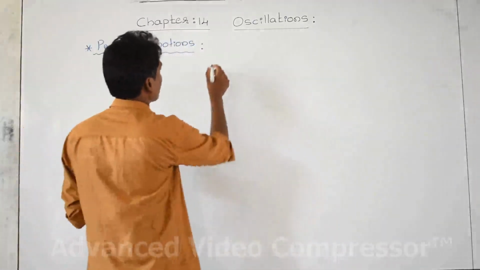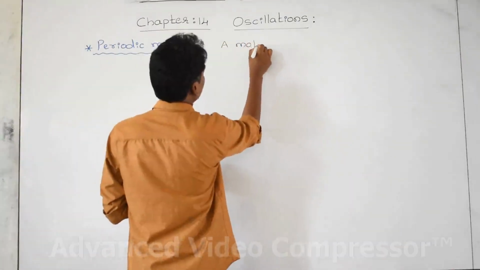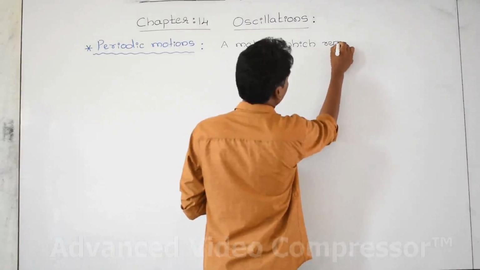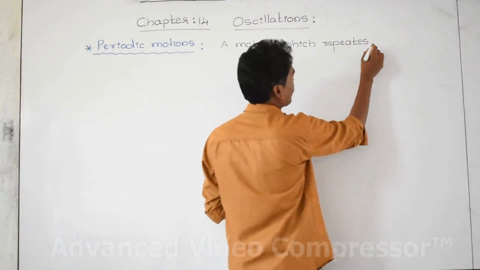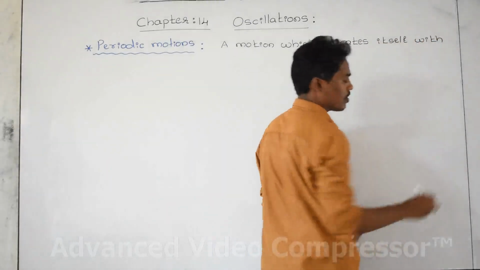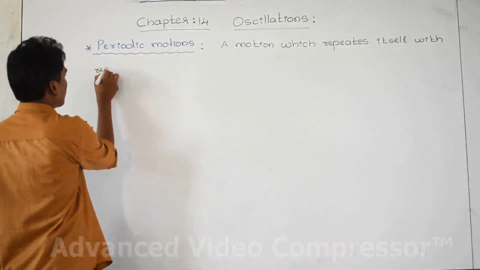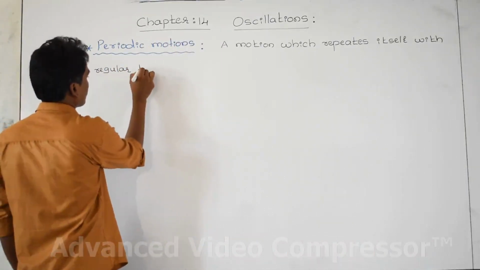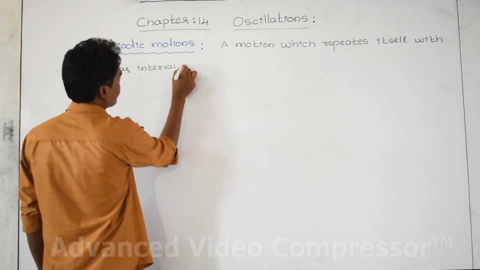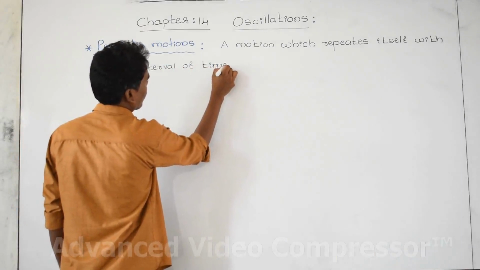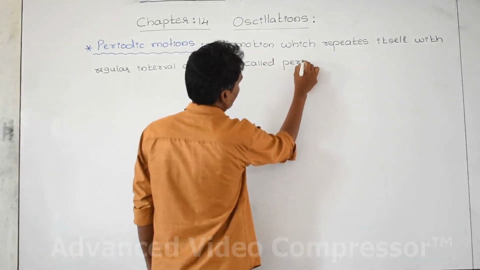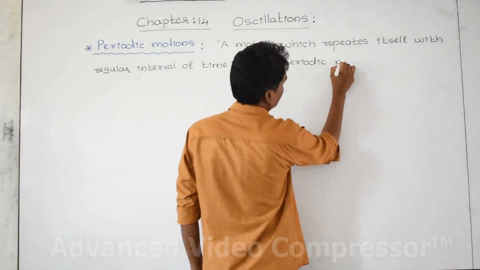The definition: a motion which repeats itself at regular intervals of time is called periodic motion.